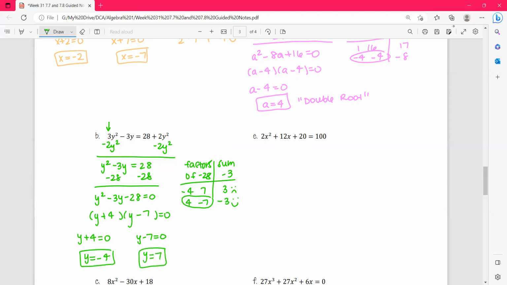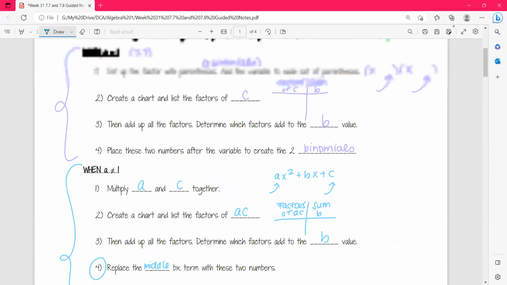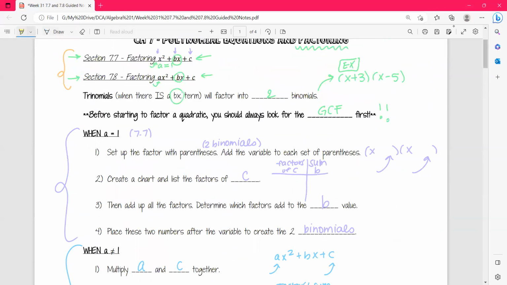Let's check out E. Okay, so I want to get everything to one side. I'm going to subtract the 100. So I get 2x squared plus 12x minus 80 equals 0. So everything's set equal to 0. What I want us to remember is something we haven't done yet, but it is on our notes, and that's right here.